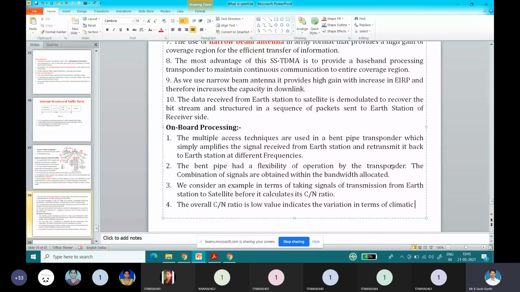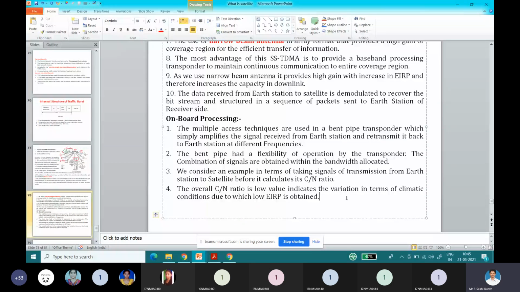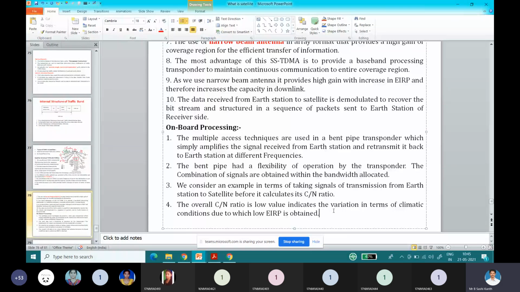So when you go for the climate calculation, we can see that the climatic condition variations affect the data transfer, which is providing a low value of EIRP, effective isotropic radiation pattern. This low value of EIRP shows the effect of climatic variations in the atmosphere.